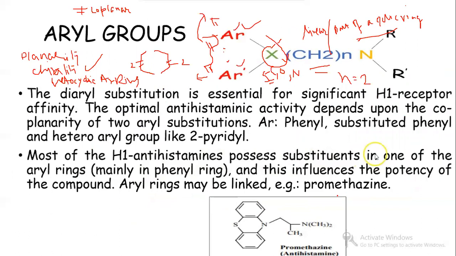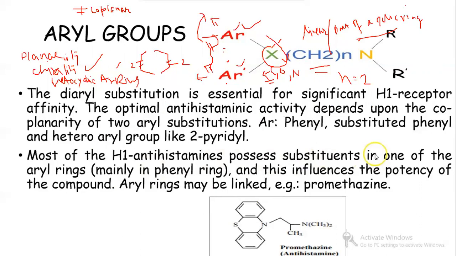Okay, and then the presence of the heterocyclic aromatic ring. Now, if the two aromatic rings are just simple phenyl rings, benzene rings, there is one type of activity, and the activity was fine. But if one aromatic ring is changed to its isosteric heterocyclic analog, like pyridine, thiazole or imidazole, for example in azatadine there is a pyridine, and in loratadine there is a pyridine. Or previously you have seen that in the case of zolamine, a thiazole ring is there.